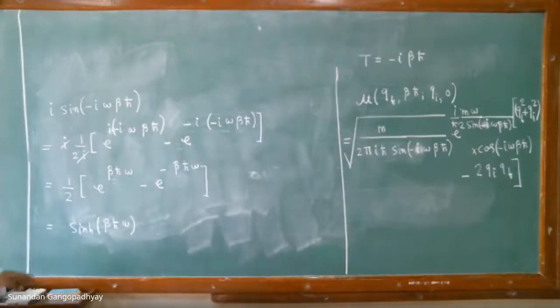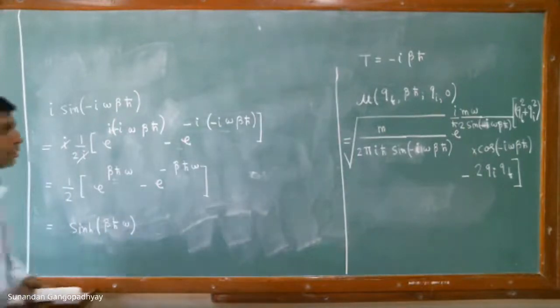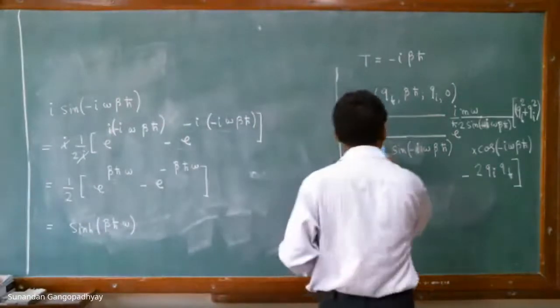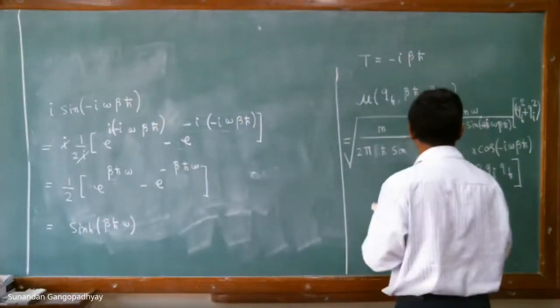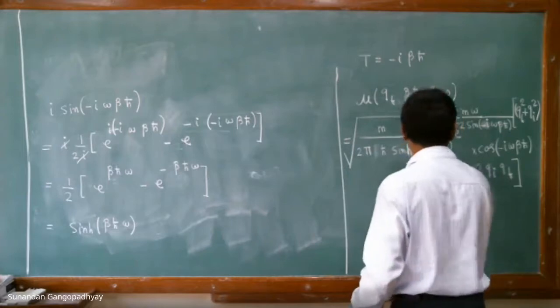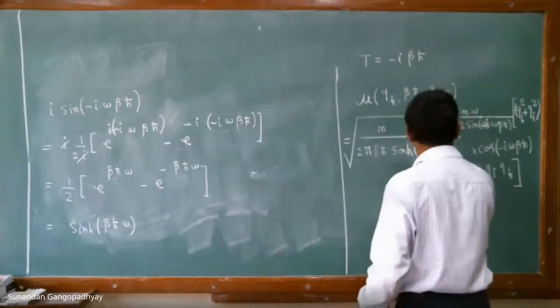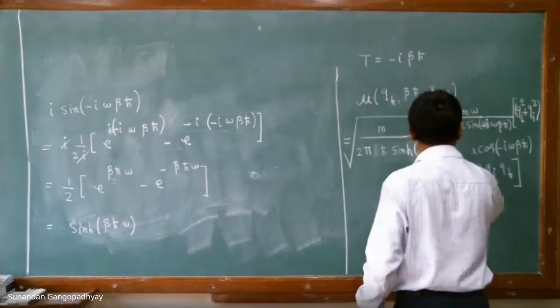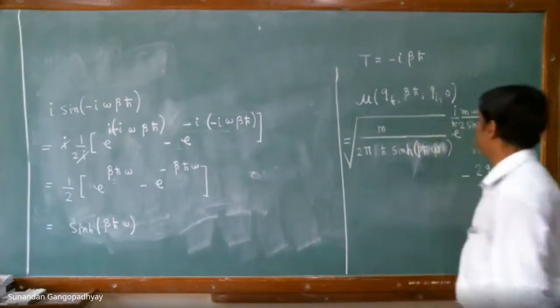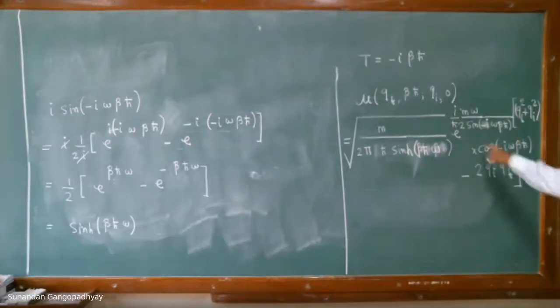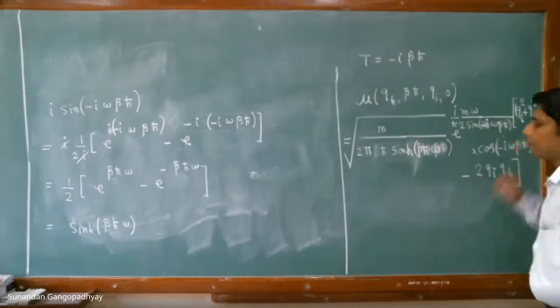Okay, so this I times this full thing is nothing but sine hyperbolic of beta h bar omega. And similarly, we'll have the same thing over here.